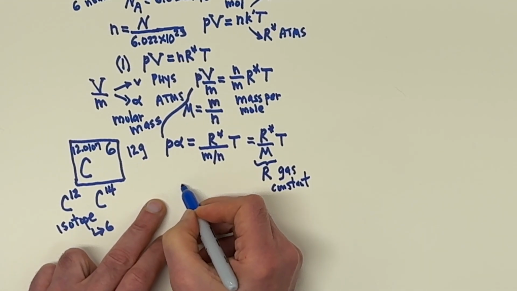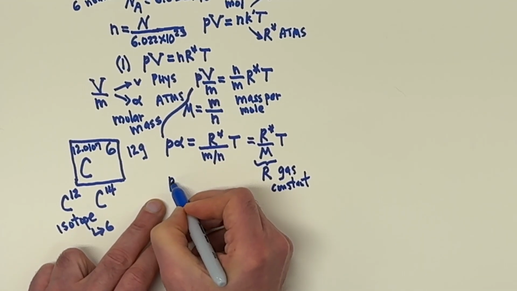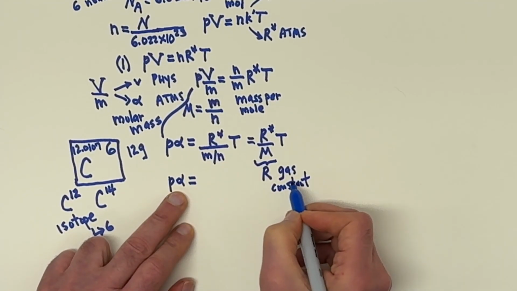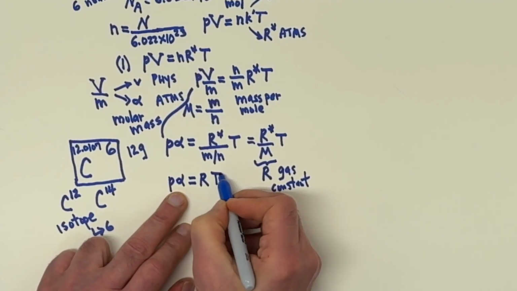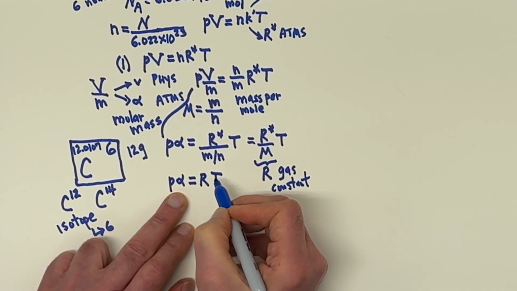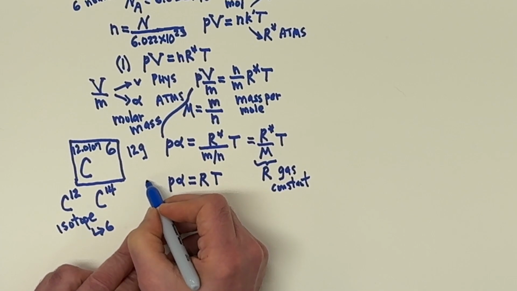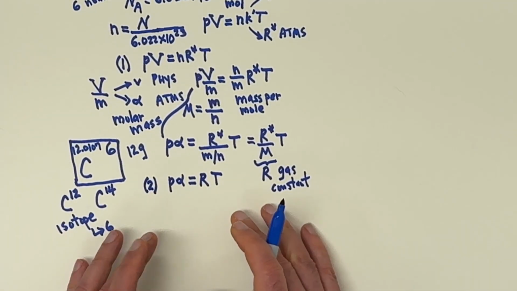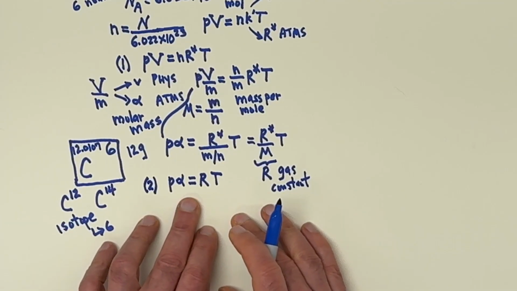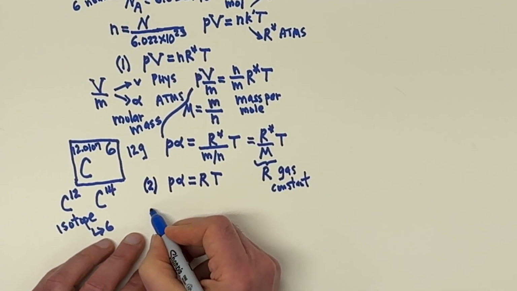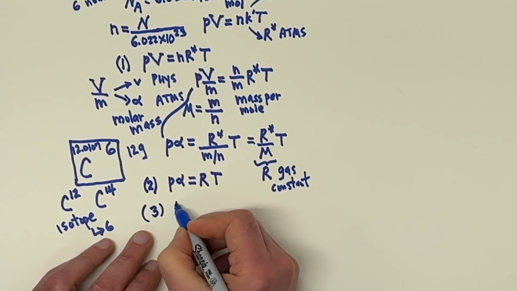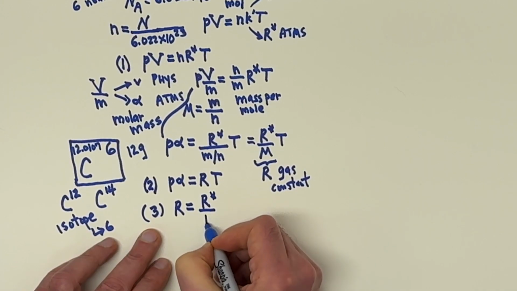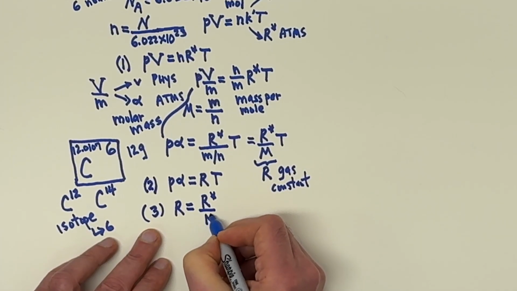So in other words, we can write down pressure times the specific volume is equal to the gas constant times T. Now when we do that, we're going to call that equation 2, because we're going to have a few dozen equations that are going to be needed for our derivation in this course. So that's equation 2. And to emphasize the definition of R, a gas constant, we'll make equation 3: R equals R* over M.